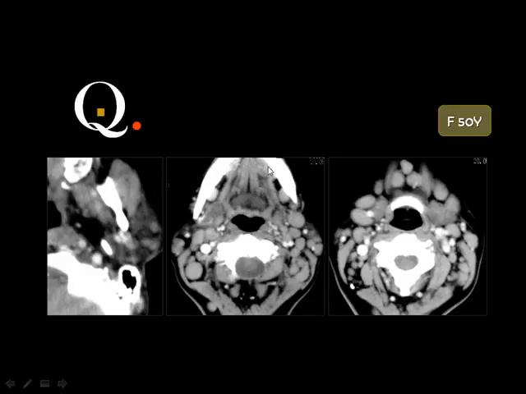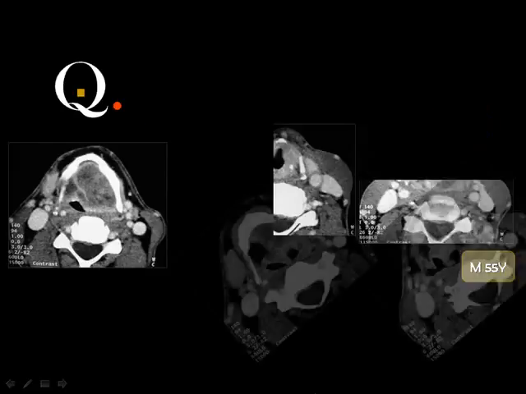Based on the relation of the nodes to the hyoid bone, you have the upper deep cervical and the lower deep cervical lymph nodes. Sometimes when there is generalized lymphadenopathy, you may have lymph nodes inside the parotid gland. And you know that the parotid may contain lymph nodes, and the lymph nodes may be enlarged in the course of enlarged lymph nodes in the neck. This is cervical lymphadenopathy, which can be verified by lymph node biopsy.